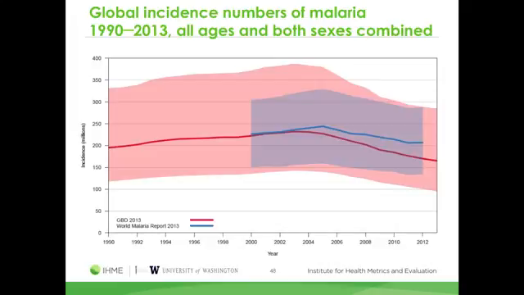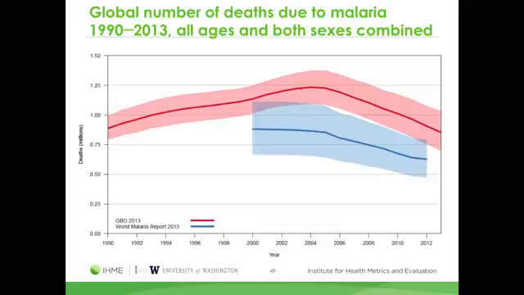On death, however, we have higher death numbers, both in children and in adults than WHO, although the gap on adults is smaller now because of the shift of not reallocating fever of unknown origin, particularly in Africa, onto malaria.